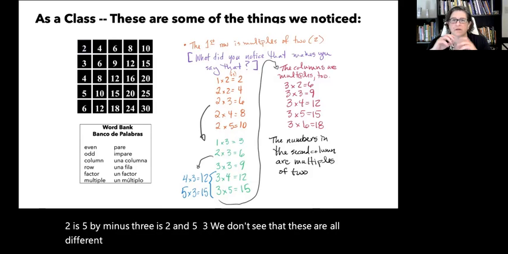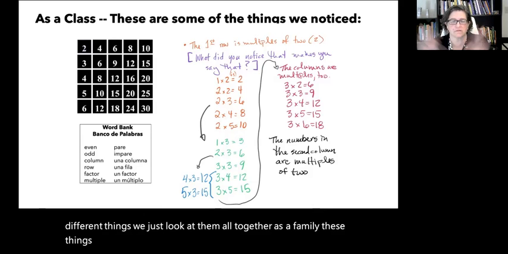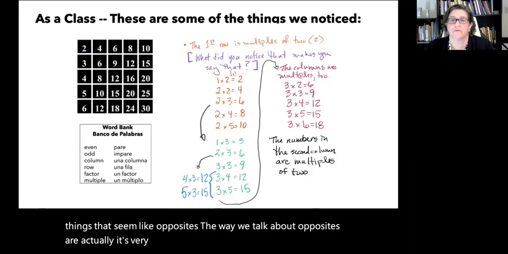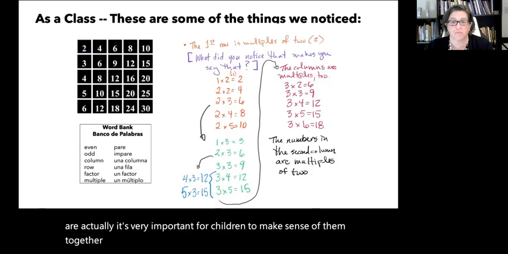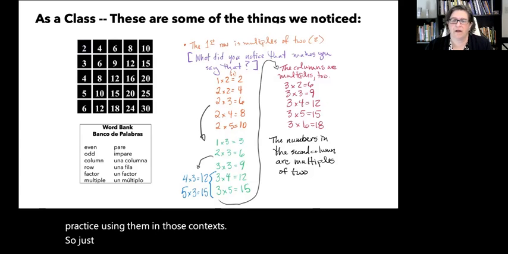We just look at them all together as a family. These things that seem like opposites, the way we talk about opposites, are actually, it's very important for children to make sense of them together and use them so that they're getting practice using them in those contexts. So just a big picture of how things I notice can work, by giving children something interesting.